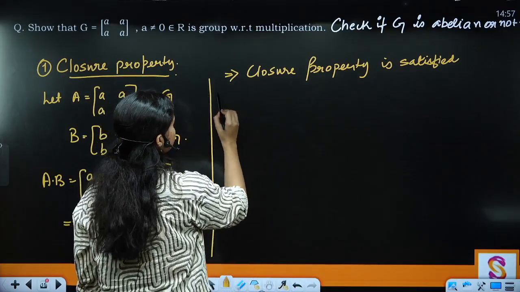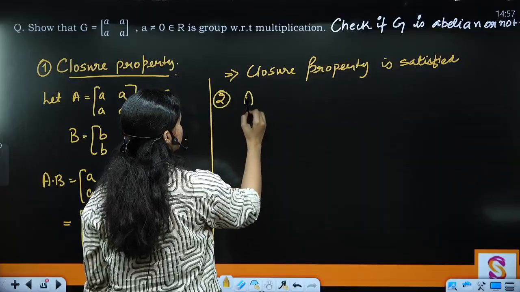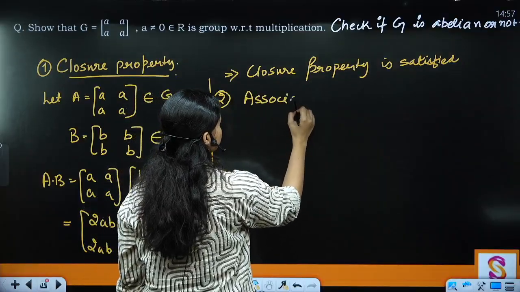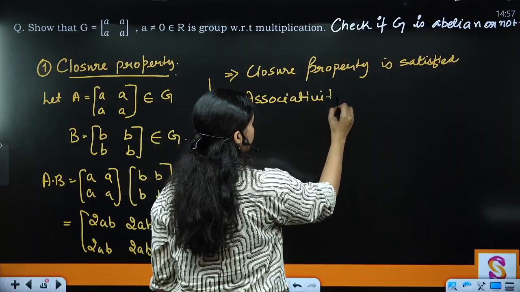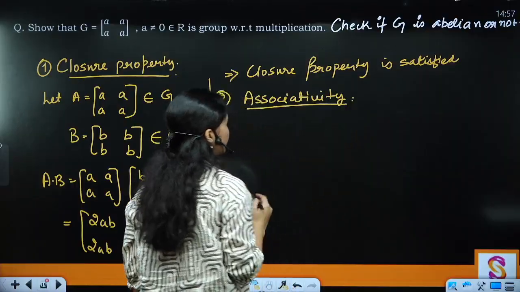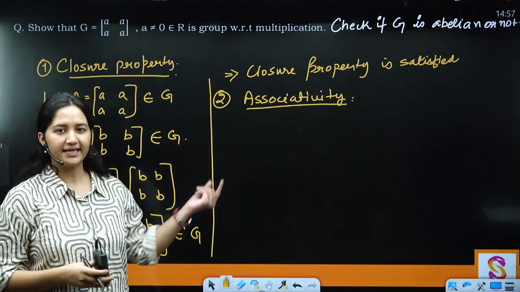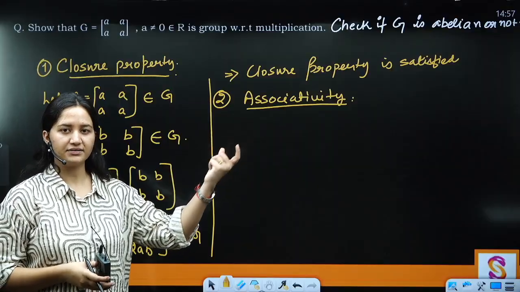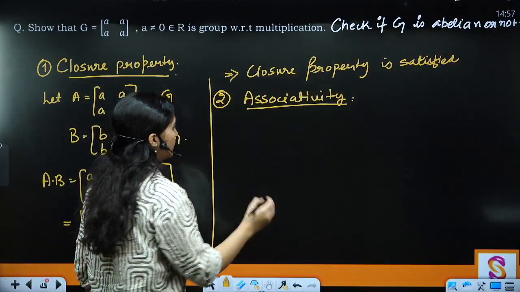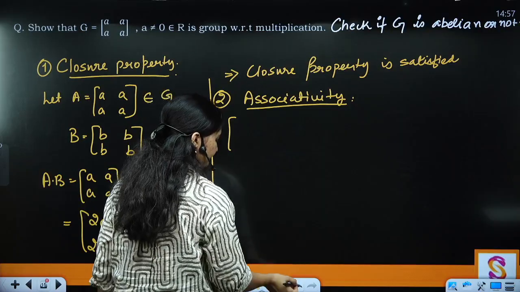Let's check for associativity. Here you can straightforwardly write that matrix multiplication is associative, or you can just quickly take an example of three matrices A, B, C and multiply them, right? So let's take three examples here.